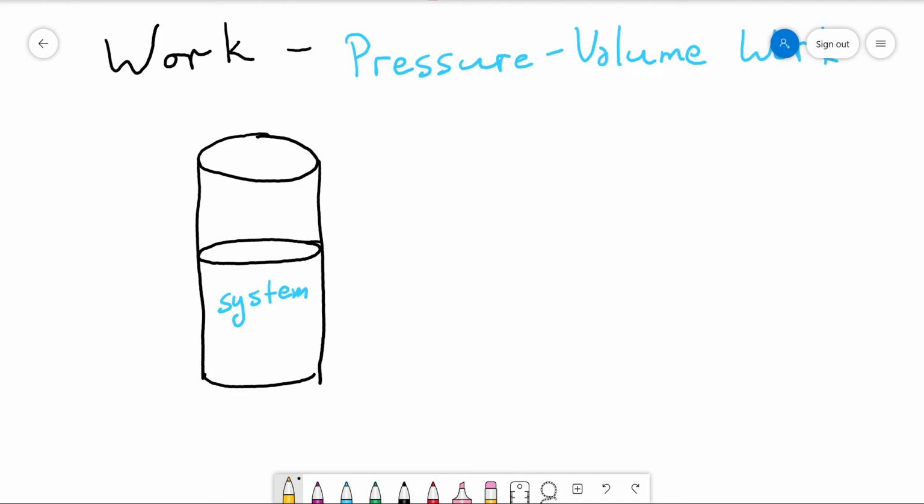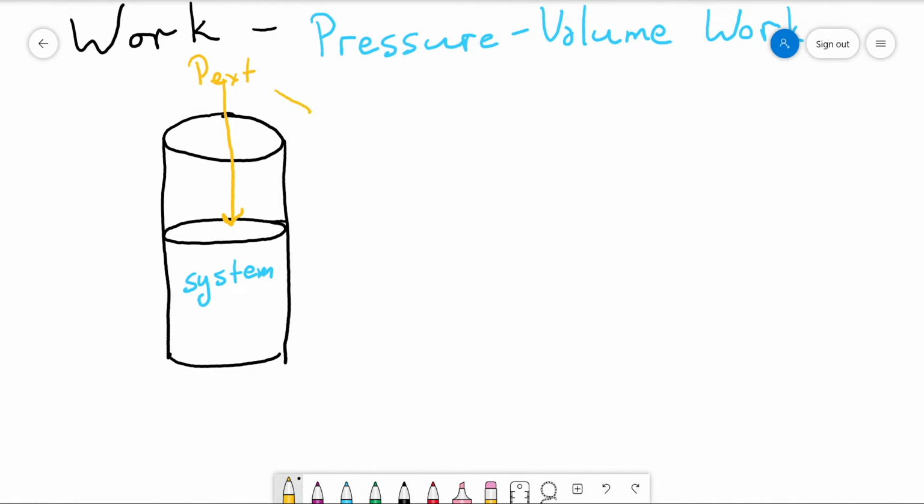And this is open, so we have what we call external pressure, or P external. That's external pressure. And this is just sitting on a bench top in the lab. It's going to be atmospheric pressure, which we've not talked about.